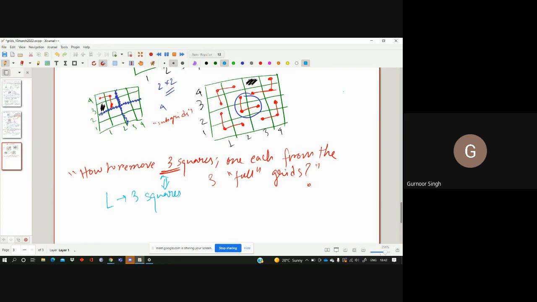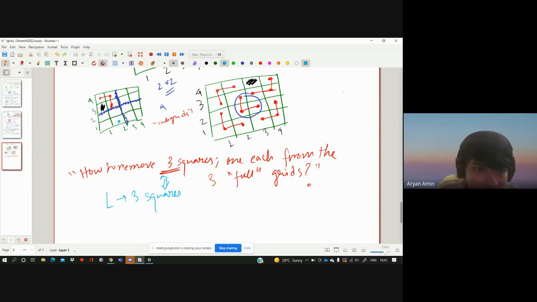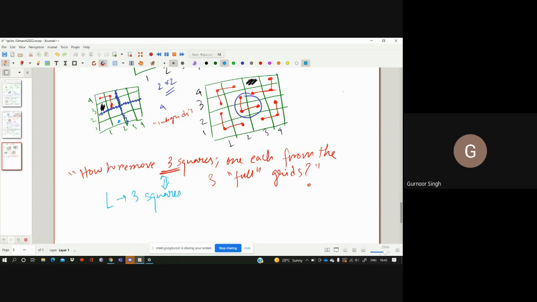So we will remove the 3 3 and 3 2 squares, along with the 2 1 square. 2 2. Okay. 2 1. Yes. Yeah, and 3 2 and 3 3. That is not a tromino. How do you just remove it?